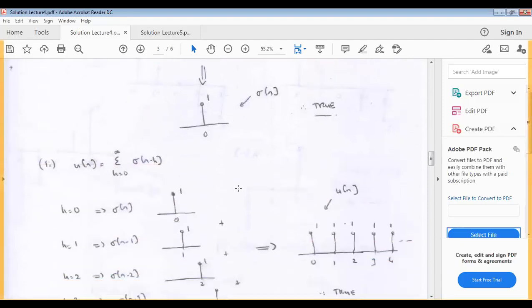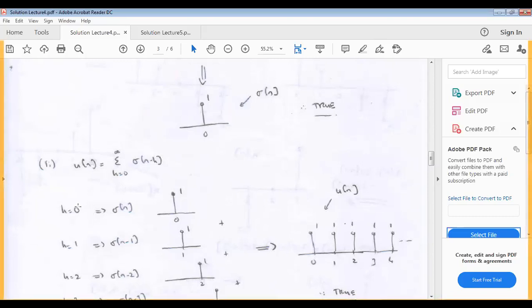Number 2 is to prove that u[n] equals the summation of delta[n-k] from k equals 0 to infinity. We need to prove this one by one, in which I insert the value of k one by one.